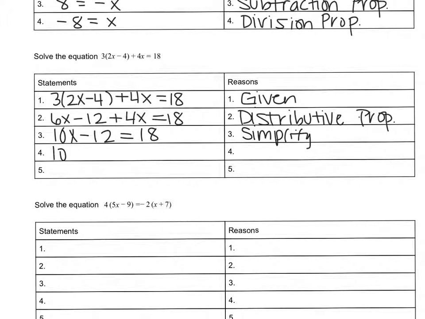So we get 10x equals 30. And since I added, the reason would be the addition property. And lastly, to finally solve for x, I'm going to divide both sides by 10, so we get x equals 3, and I divided, so the reason would be the division property.